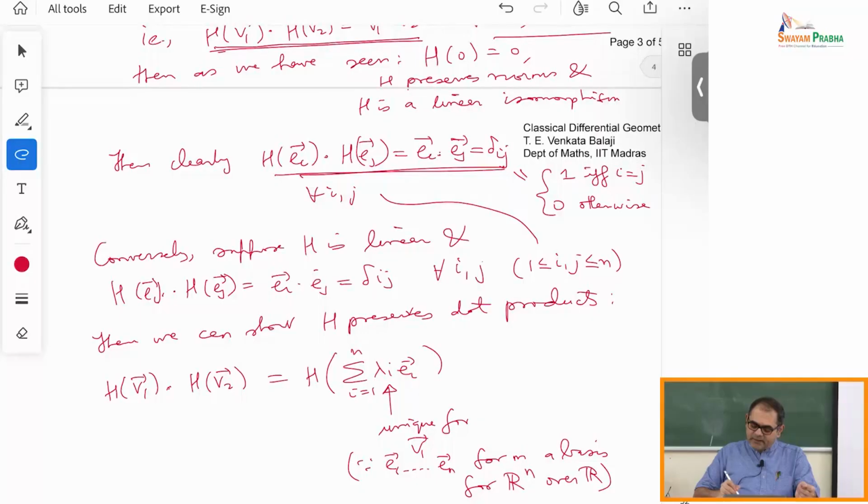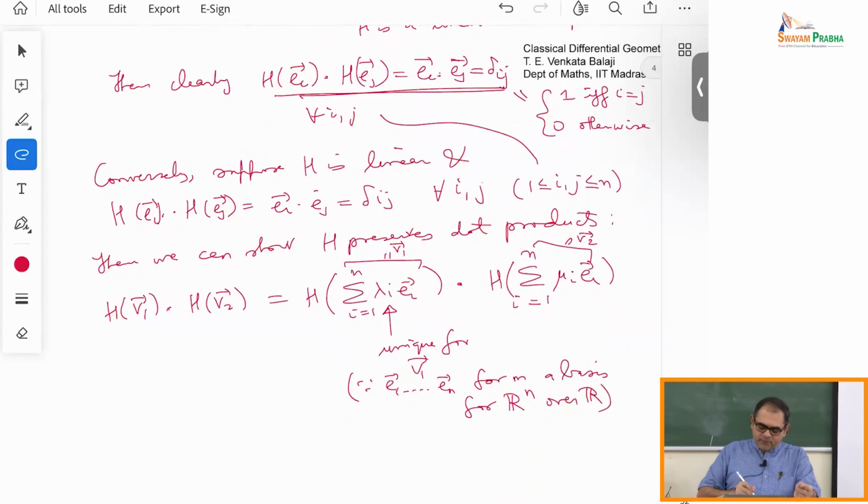So you can write it like this, and you will get dot H of summation i equal to 1 to n mu i Ei for the other vector. By the way, the first expression is for V1, and this expression is for V2. Now you use the fact that H is linear.